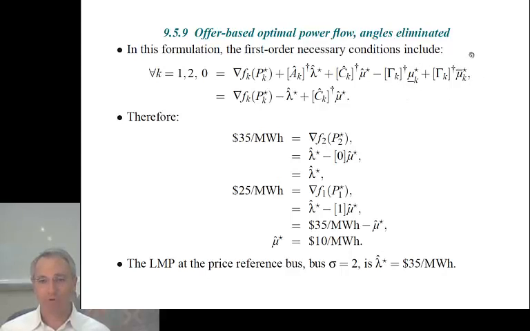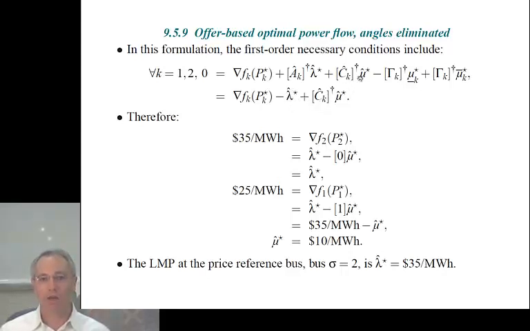We still have that the Lagrange multipliers on the generator constraints are 0, but now we have different terms for these, A hat K and C hat K. Indeed, A is a single row and its entries consist of -1s, so A K is -1, meaning that the corresponding entry is minus lambda hat star.